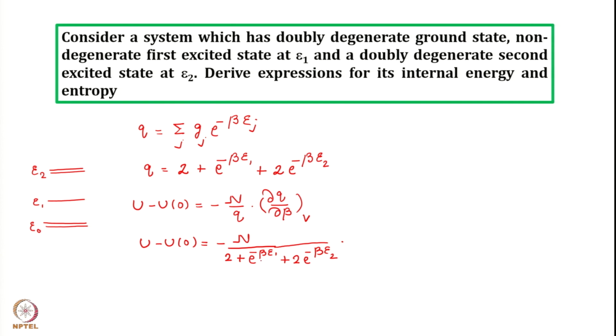This is going to be exponential minus beta E1 into minus E1 plus 2 times exponential minus beta E2 into minus E2.